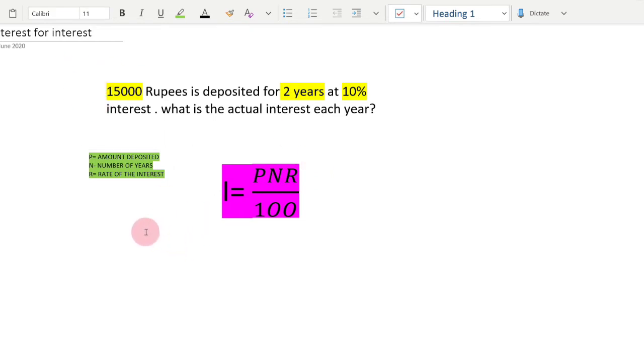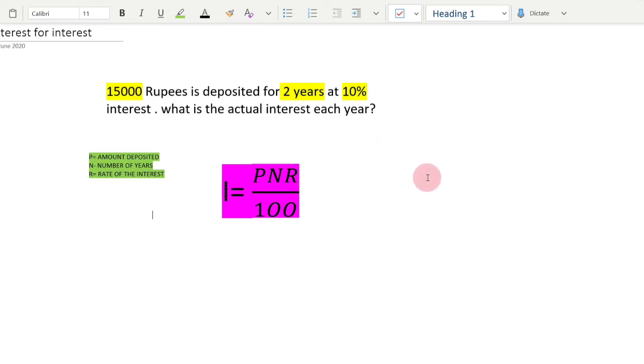15,000 rupees is deposited for 2 years at 10% interest. What is the actual interest each year? So we have to pay 10% of 15,000 rupees every year, and we deposited only for 2 years. Then what will be the amount that we have to pay every year?